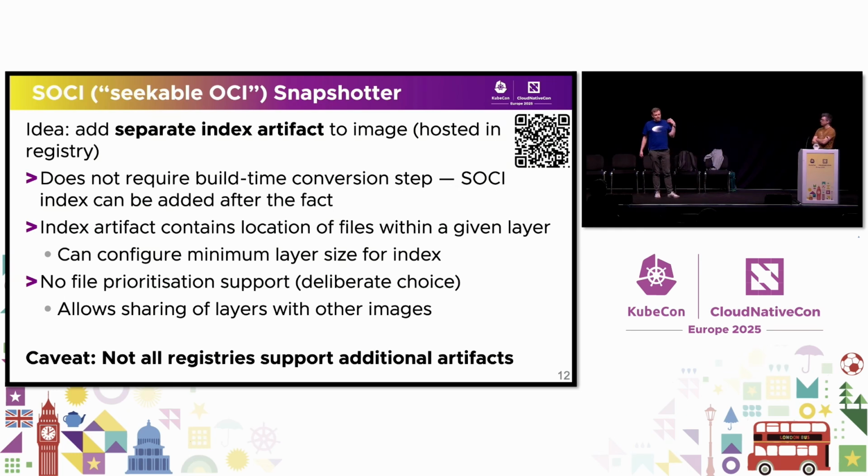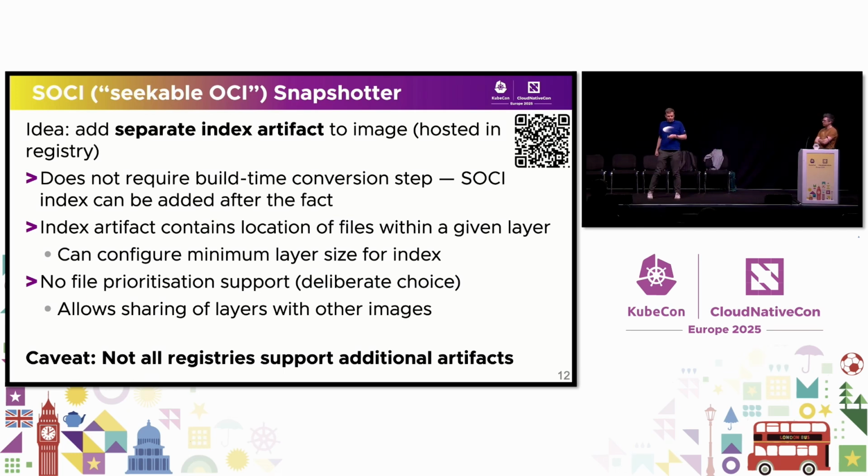Now, they made the deliberate choice of not having this file prioritization, which again comes with an advantage because you can then share layers with other images. So in principle, if you always have the same base image and only something light on top, you can share this because you're not moving around things in your images, and you're always using the same base.